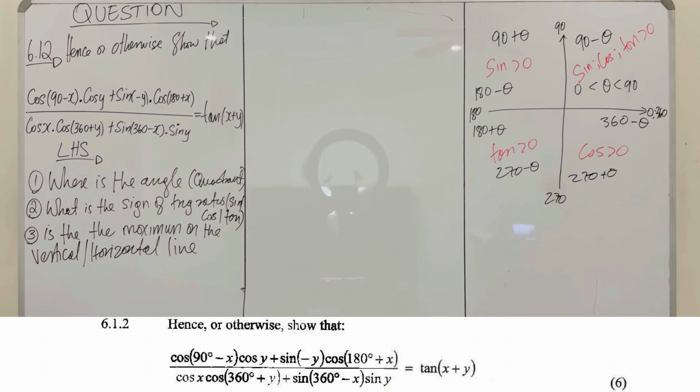So what you need to know also is, if you have a horizontal maximum, your trig ratio does not change.